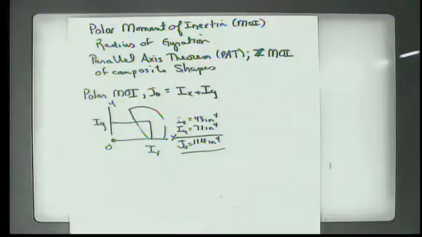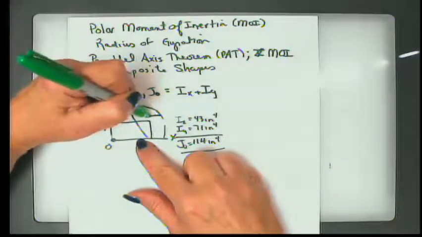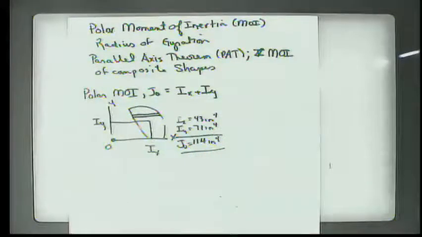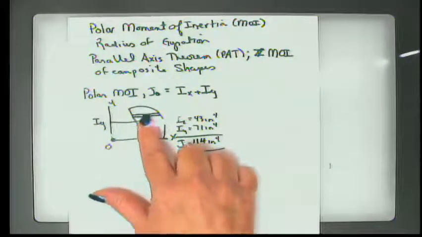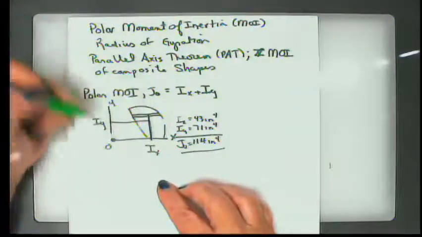And if we were to concentrate that area, like this, into a teeny strip, it's odd to think about concentrating an area, but if we think about it as concentrating it into a teeny strip, some distance from the x-axis, the radius of gyration would be that distance to the strip.